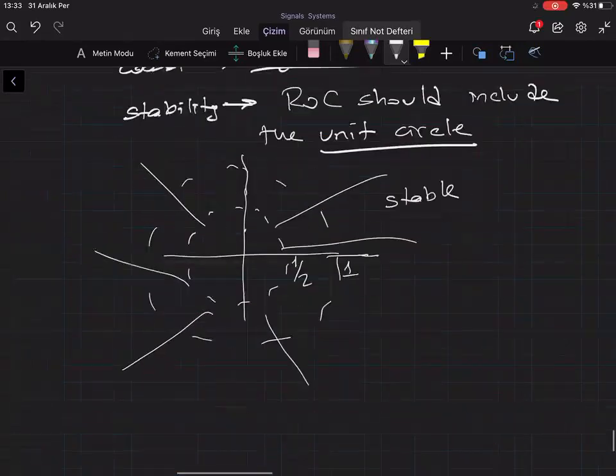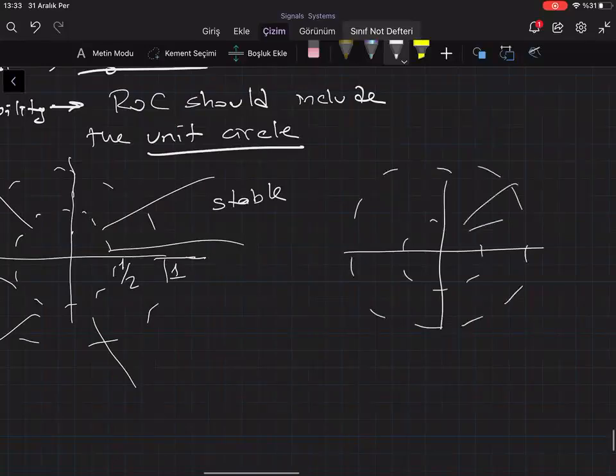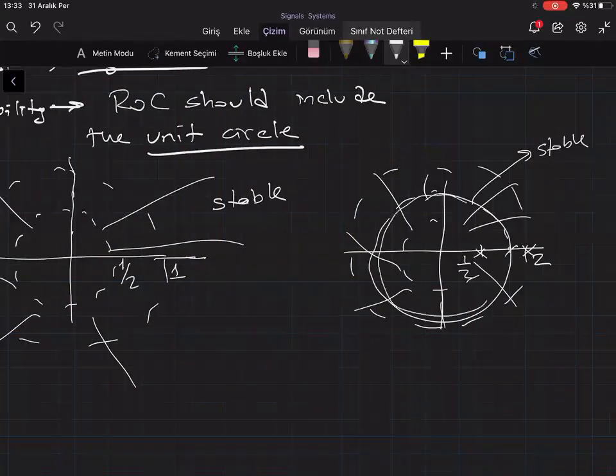Or I might have such a thing, and I'm plotting inside, and the unit circle is in between, then this is also stable. Let's say this is 1, this is 2, this is 1/2, and the unit circle is inside the ROC.